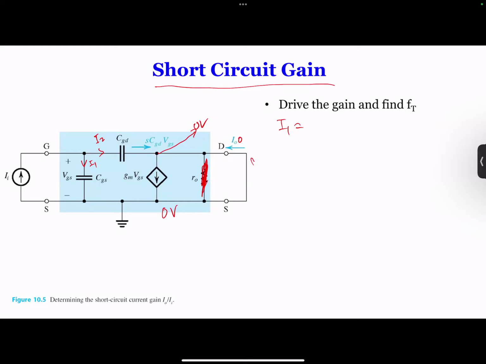If you know VGS, how do we write I1 as a function of VGS? It's VGS times S times CGS, because 1 over S CGS is the impedance. So voltage divided by impedance is the current. You got that. And what is the current I2?